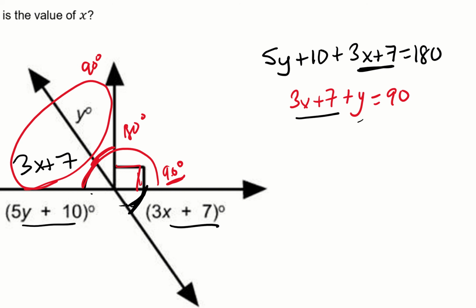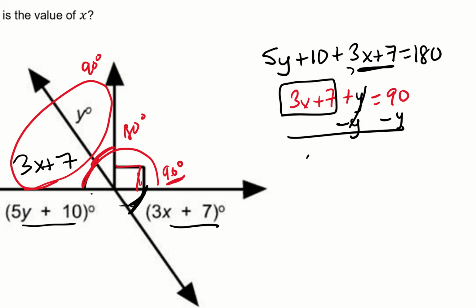So what I'm going to do is get rid of this y. I'm going to solve for this and then substitute that here. So let's go ahead and solve for this by getting rid of this y. We'll subtract y on both sides. And so we get 3x plus 7, and I'll box it, is equal to 90 minus y.